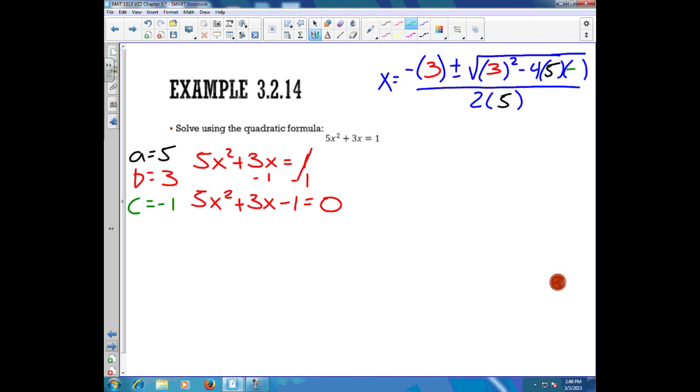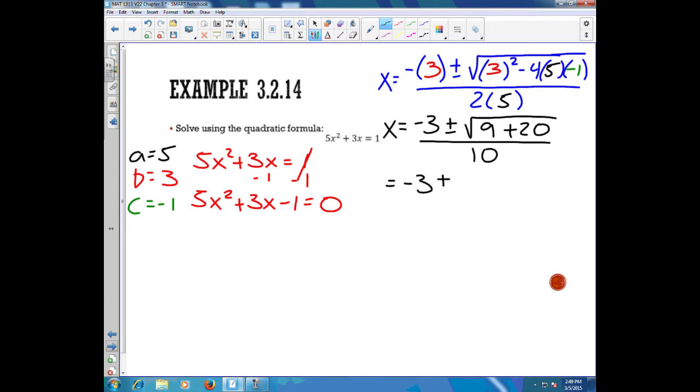And c is negative 1. And so if we multiply everything out, we get x equals negative 3 plus or minus the square root of 9 plus 20 over 10, which is negative 3 plus or minus the square root of 29 over 10.